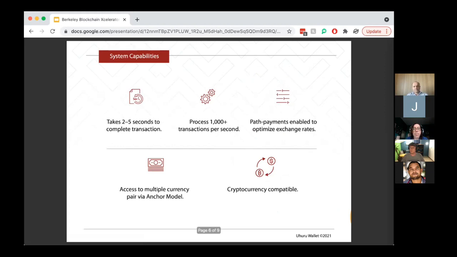Path payments are enabled, with access to multiple currency pairs, and it's cryptocurrency compatible. As a matter of fact, we launched a path payment between South Africa, Zim, and Nigeria. And this was all because of the cryptocurrency capability that comes with Stellar.